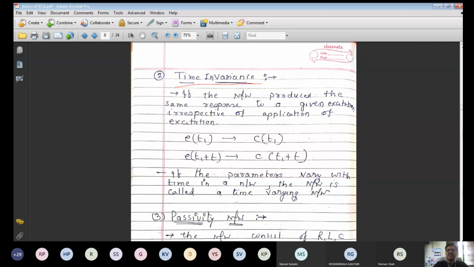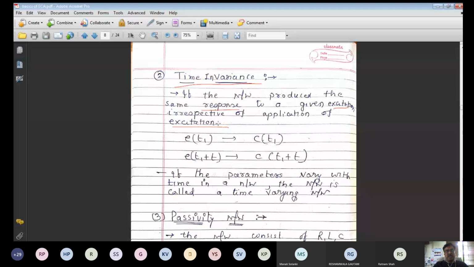That is, if the network produces the same response to the given excitation irrespective of the time of application of the excitation.